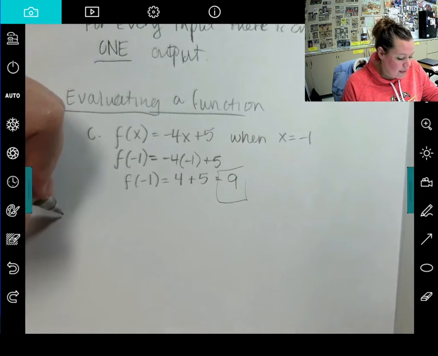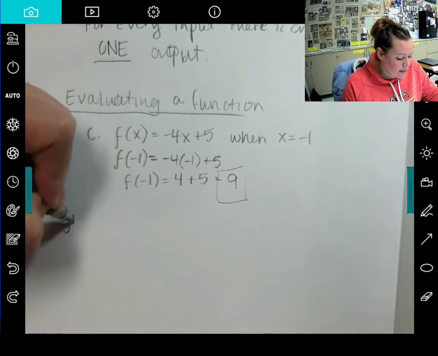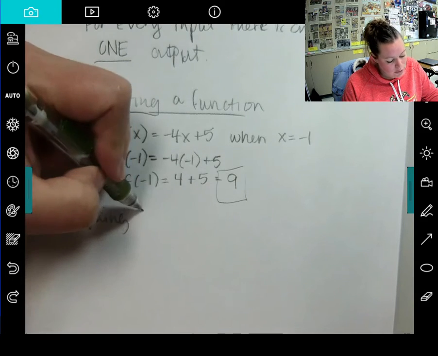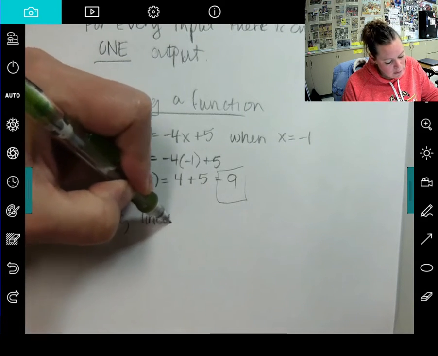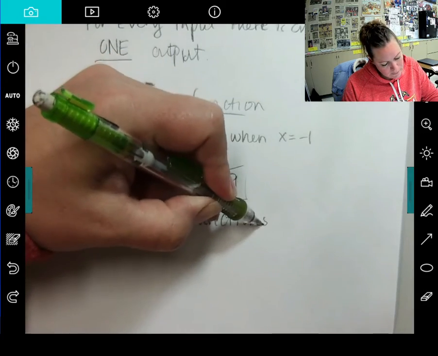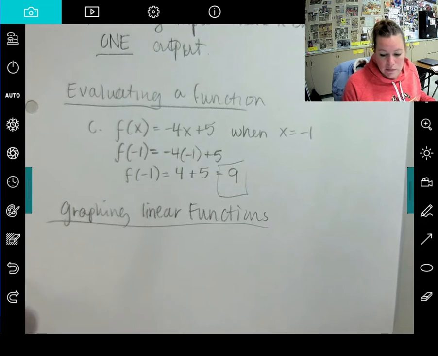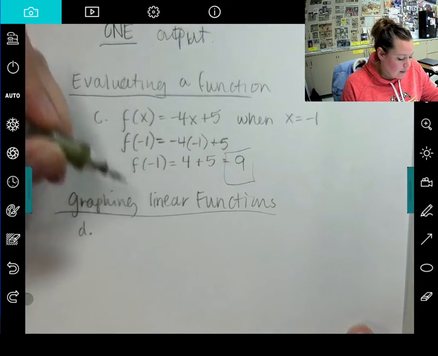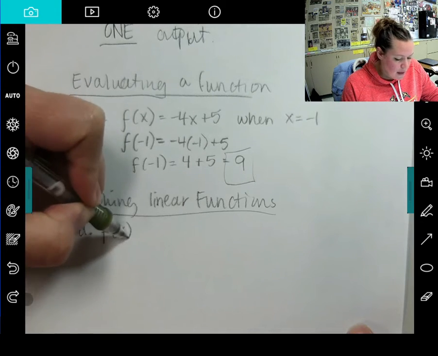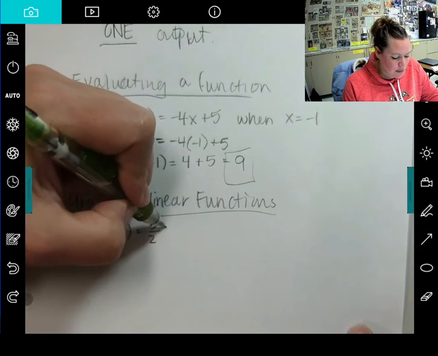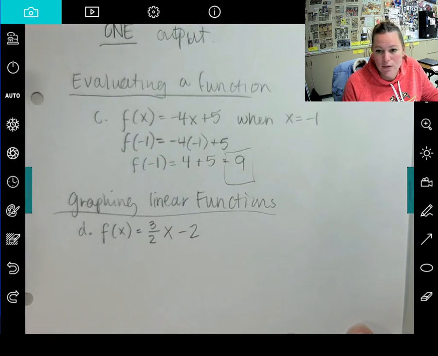Last for today, we are going to look at graphing linear functions. I want you to look at example D. f of x equals 3 over 2 times x minus 2.